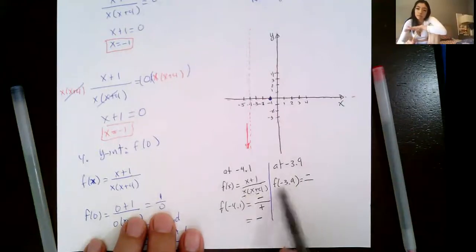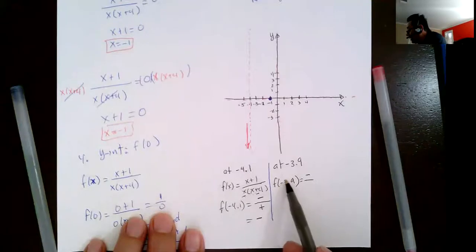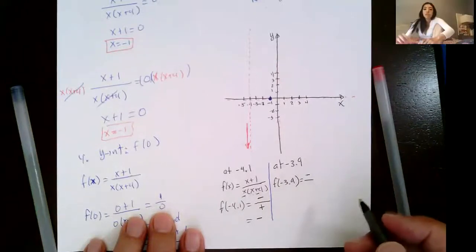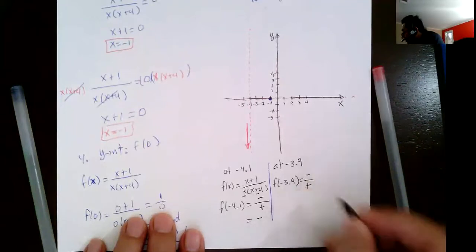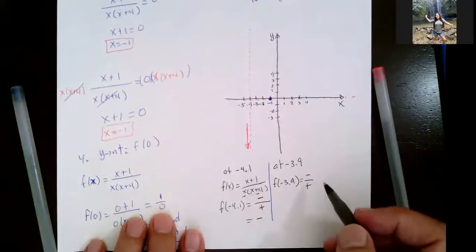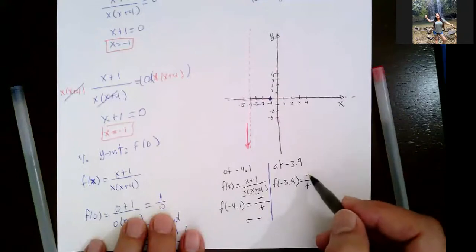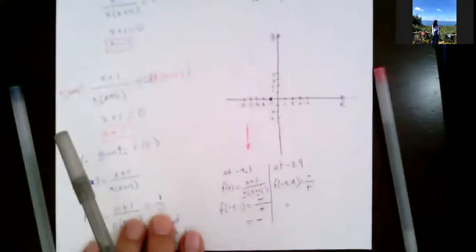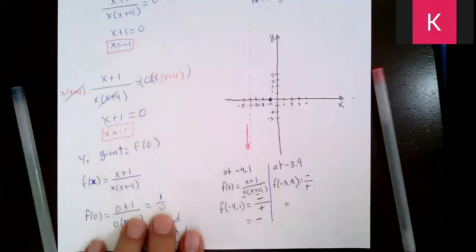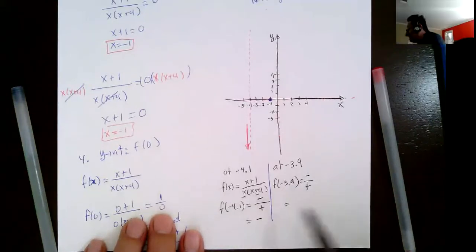Well, if we plug in negative 3.9 here inside the parentheses, that's a negative, and also here's a negative, that would be what? Positive. Okay. Everybody agrees? So negative divided by a positive is also negative. Negative 3.9 plus 4 is a positive, times outside negative 3.9, making it a negative.